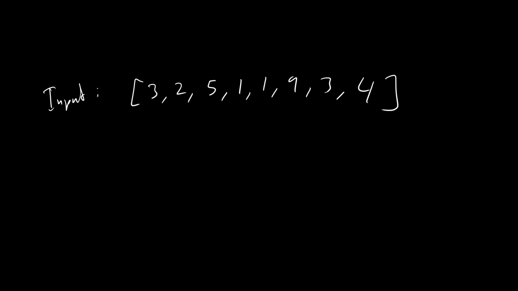Okay. So the key here is to have an array to remember the minimum jumps to get to a certain place. Let's call this jumps. Think of this as a dynamic programming question. What we're going to remember is the minimum number of jumps to get to this specific place, right?